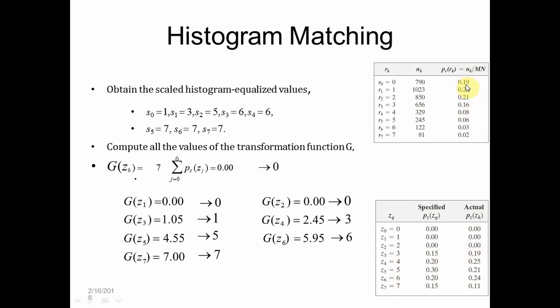So 0.19, okay, 0.25 for 4, for the gray level 4, 0.21, and then the remaining 0.24 and 0.11, because you have 3, 0.6 plus 3 plus 2, that is 11. 0.11 will be at level 7, because you have S5, S6 and S7 which are having the value 7.